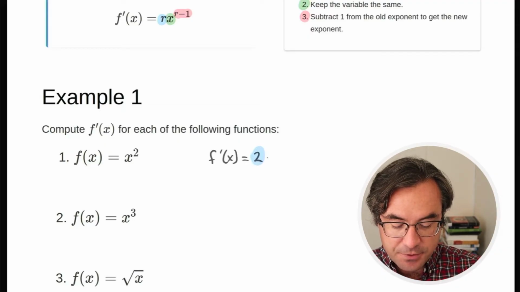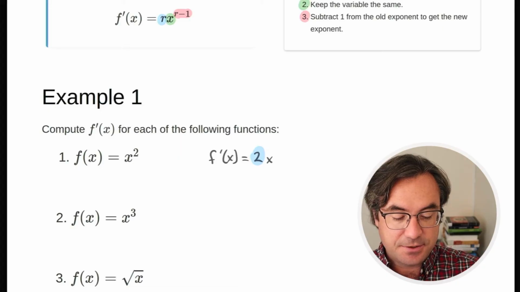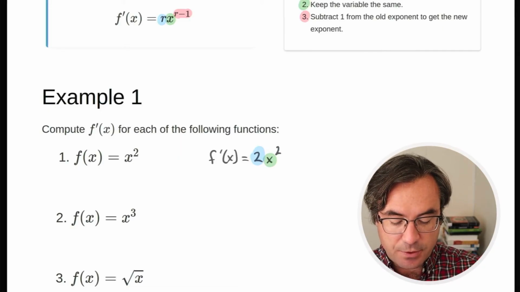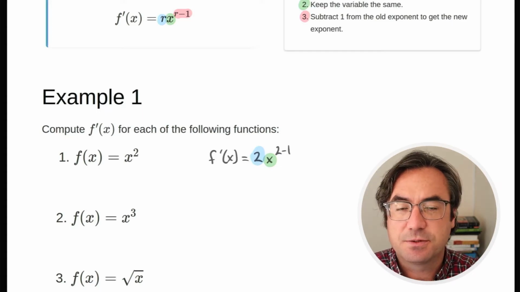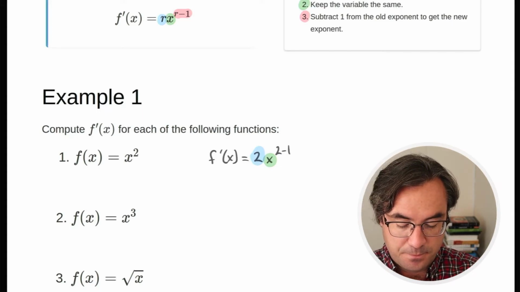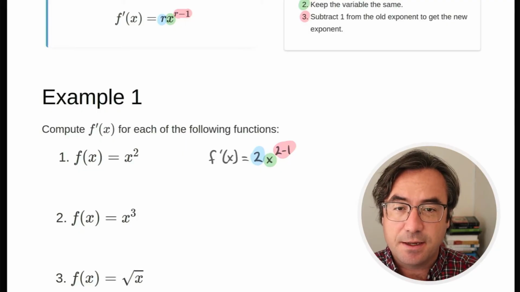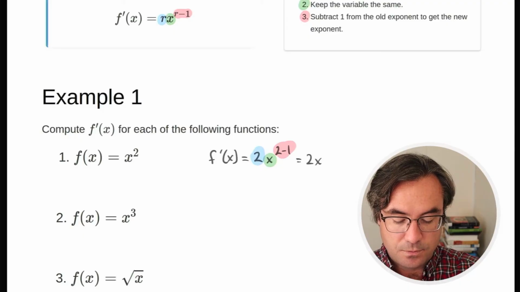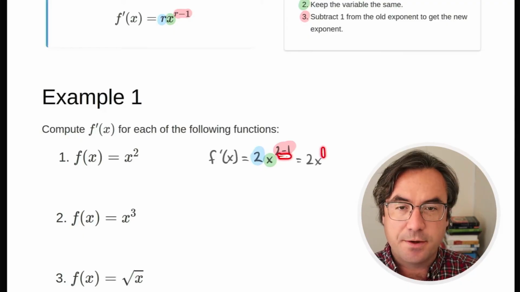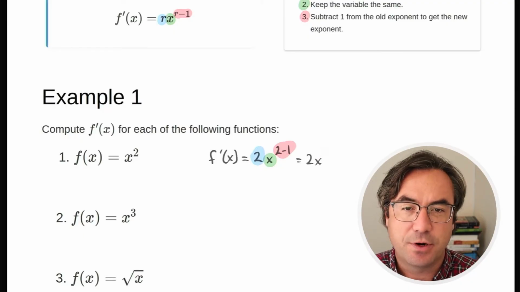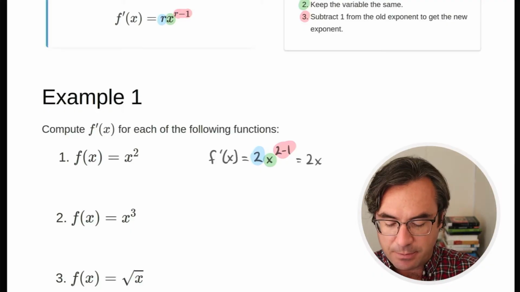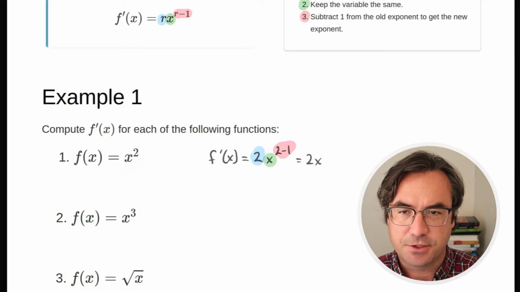Then we keep our variable the same. So our variable is x, so we just keep it x. And then we subtract 1 in the exponent. So our exponent was 2, and then we're going to subtract 1. All right, so that's it. And 2 minus 1 is just 1, and we don't normally write an exponent of 1. So like I said, once you get the hang of this, you're probably not going to show this step. You're probably going to go right from here, right to the answer.